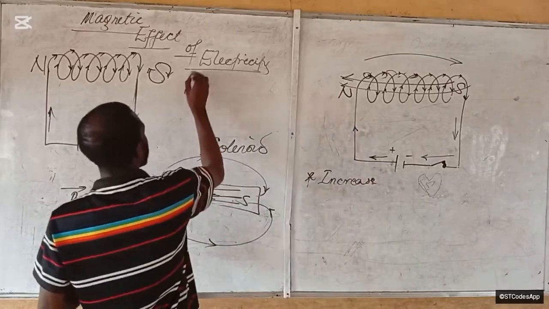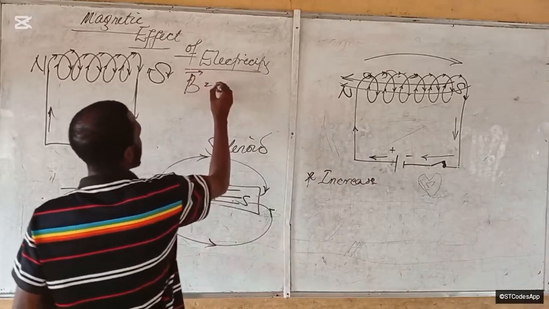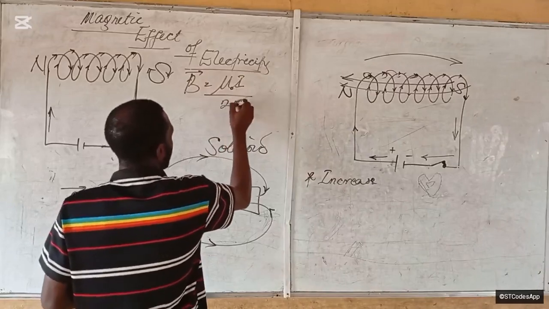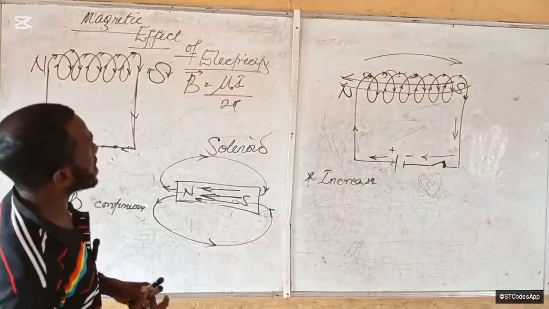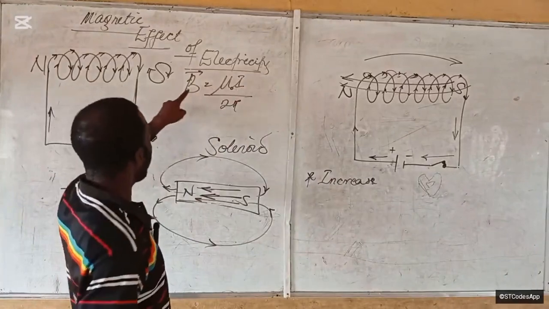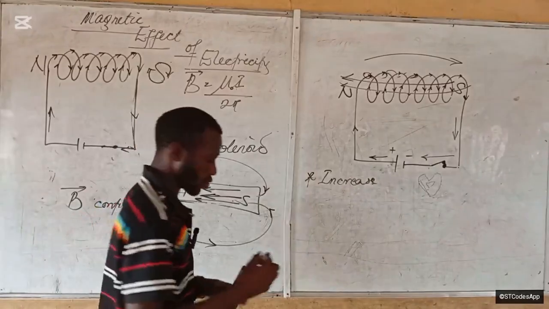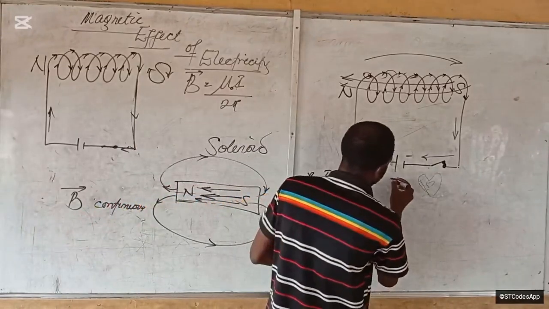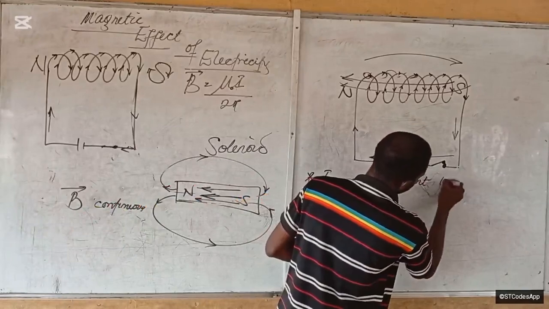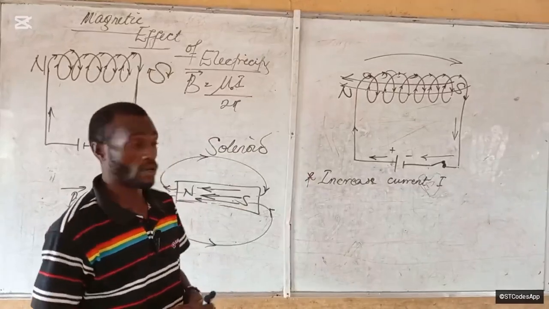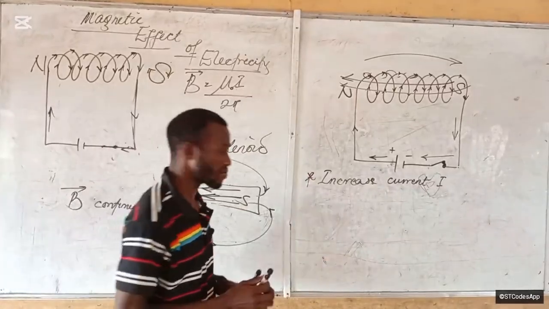Remember that we said this formula, B field is equal to mu naught I over 2 pi. So the B vector is directly proportional to I. Since it's directly proportional to I, if you increase the current I flowing in the coil solenoid, you are going to increase the magnetic field.